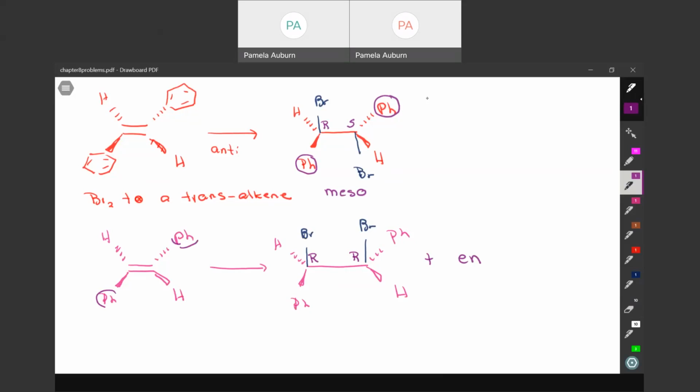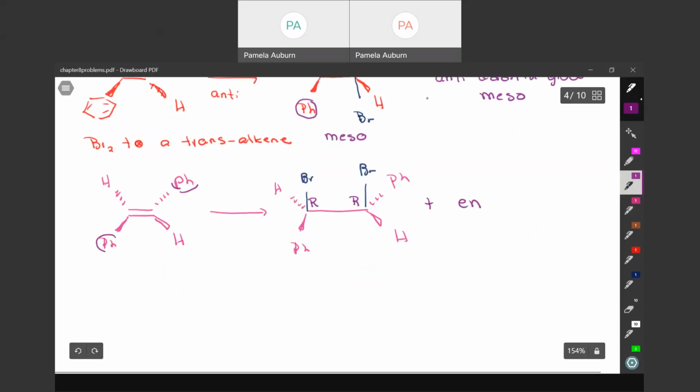So the thing to remember here is that if I have a trans alkene, again, same substituents on both ends of the double bond, anti-addition gives meso. And syn addition would give enantiomers.